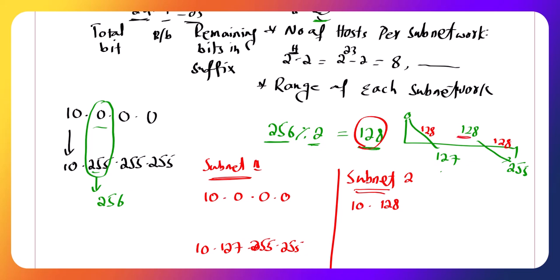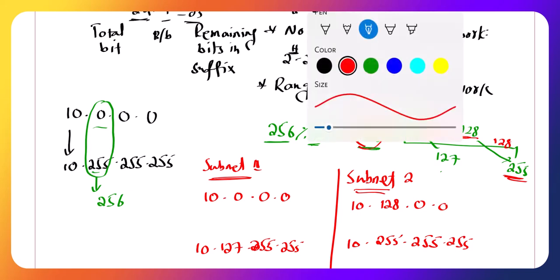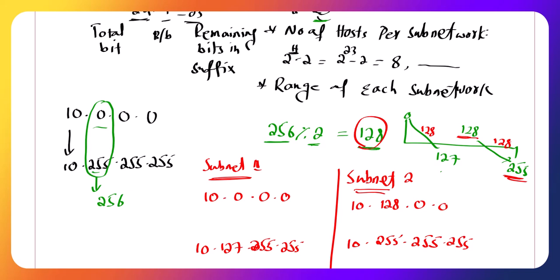How do I know it's 128? Because it starts from 128.0.0. Its range ends at 10.255.255.255. If this is the very first address and this is the very last address, we call it the network address, and the last one the broadcast address.